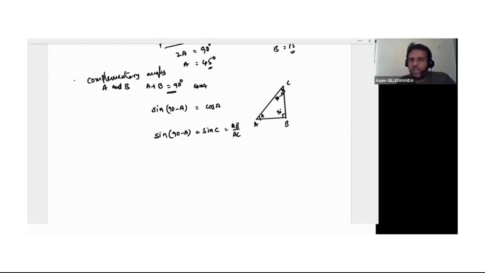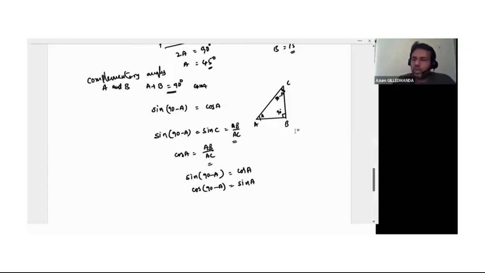Similarly, find what is cos A. Adjacent side is AB and the hypotenuse is AC. If you see, these two values are equal. So can I say that sine of 90 minus A is nothing but cos A?